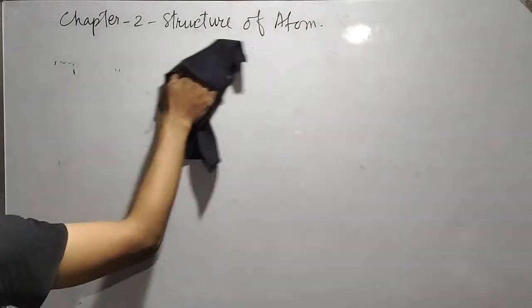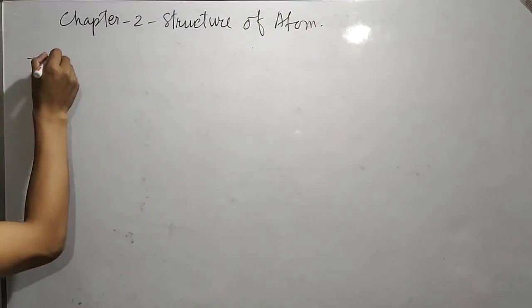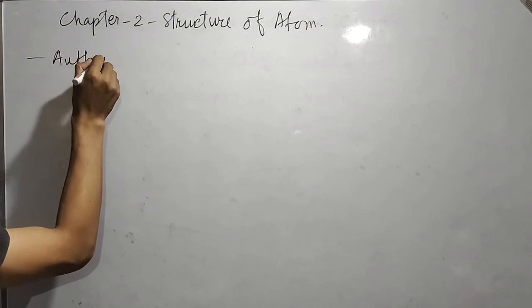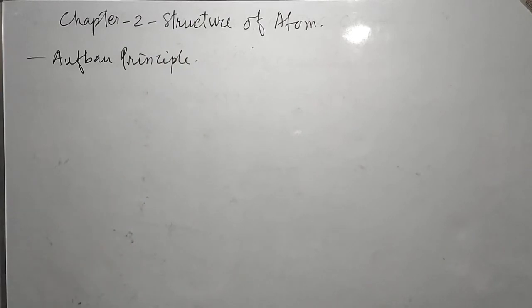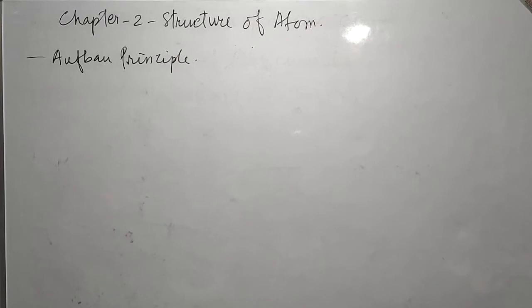The next three topics are the rules. In the Aufbau principle, the filling of the electrons is in such a way that the electrons will first be filled in the orbitals having the lowest energy level, and then only go to the next higher energy level.